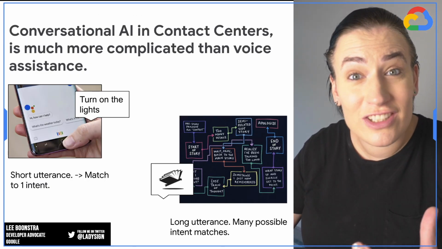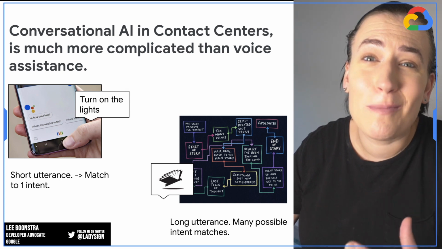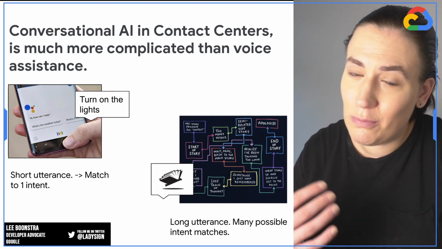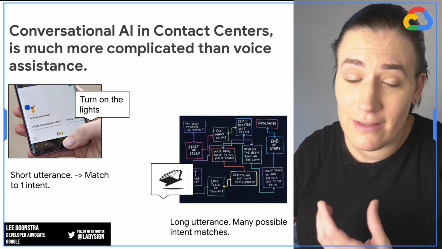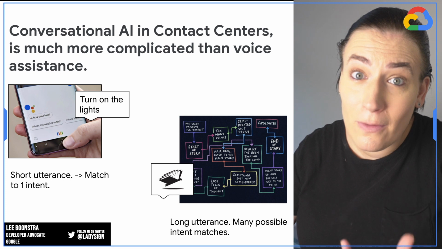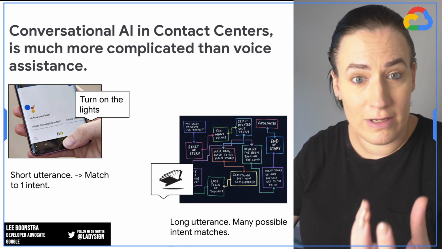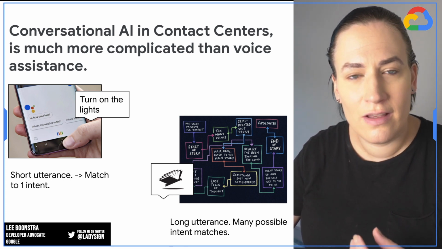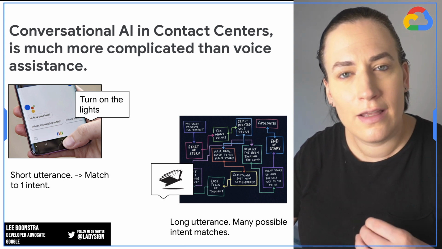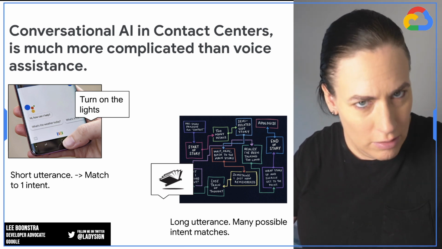Conversational AI in contact centers is actually way more complicated than Google Assistant apps, even though both are voice and you talk to both. But with the Google Assistant, as I mentioned before, these are simple user utterances that match one intent. If I say, turn off the lights, I know what the question is and I can turn off the lights.